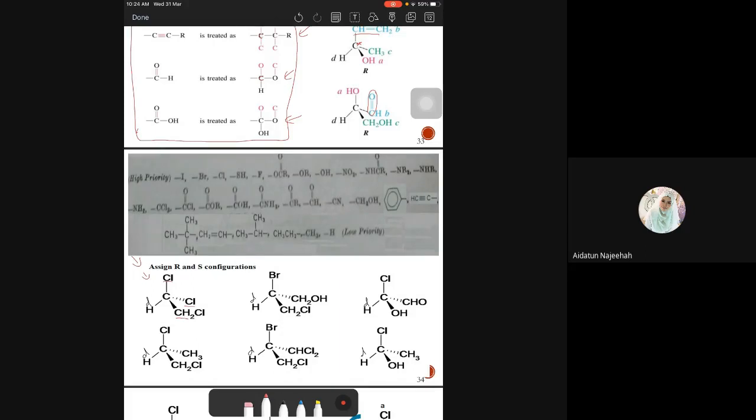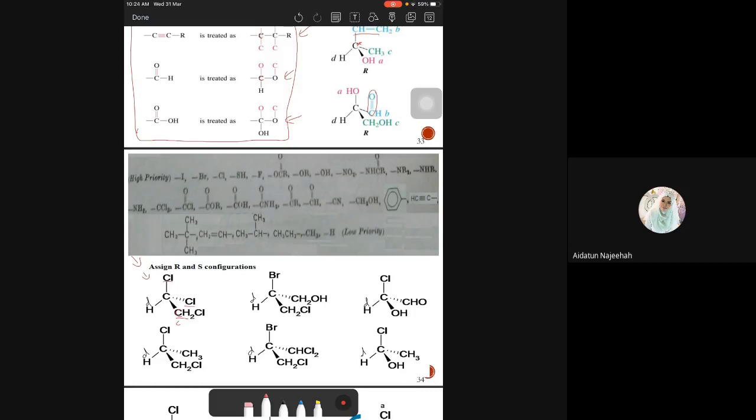So Cl and Cl, these two have the same atomic number. What about this carbon? Among chlorine and carbon, chlorine has higher priority. So this carbon would be considered C.